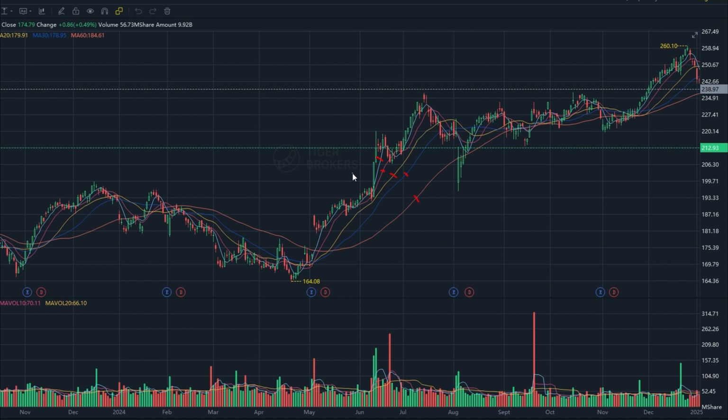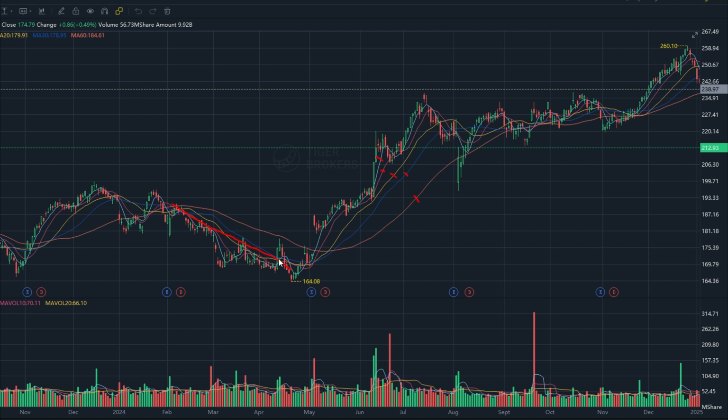This setup is called a bullish alignment. The shorter the period, the higher it appears on the chart. That's a bullish trend. In contrast, a bearish alignment is the opposite: 5-day, 10-day, 20-day, 30-day, 60-day, and so on, all stacked downward. That signals a bearish trend. So we can easily assess whether the current market is bullish or bearish.